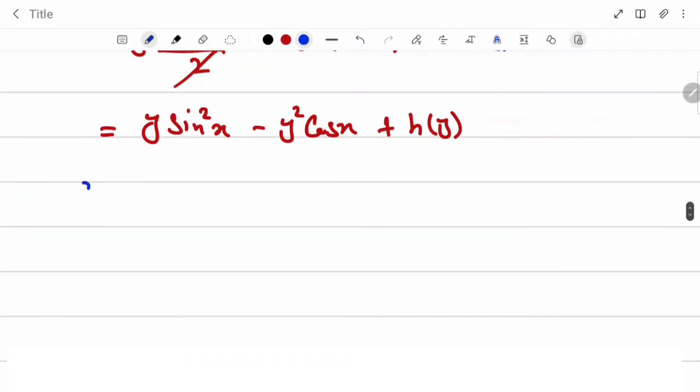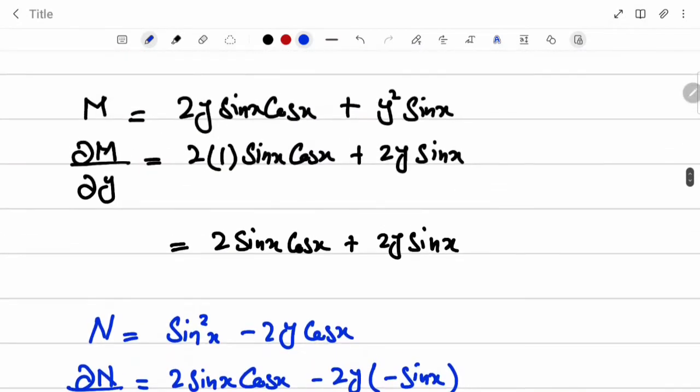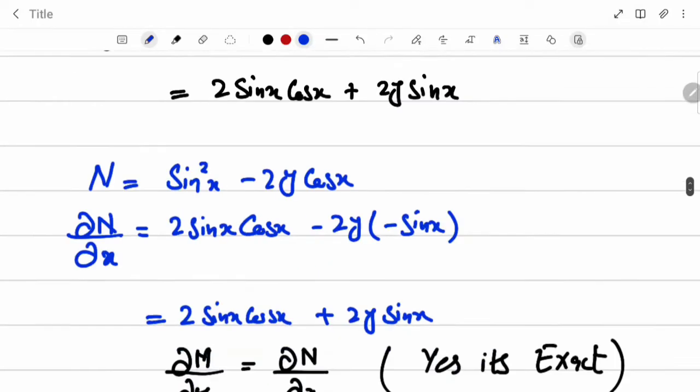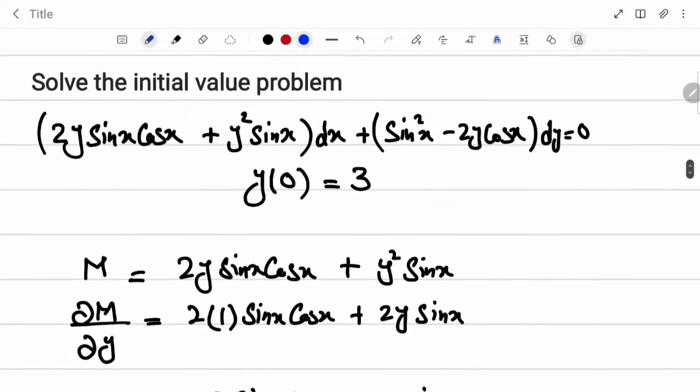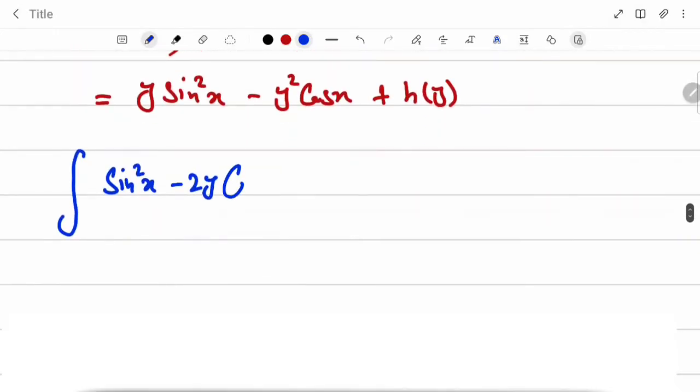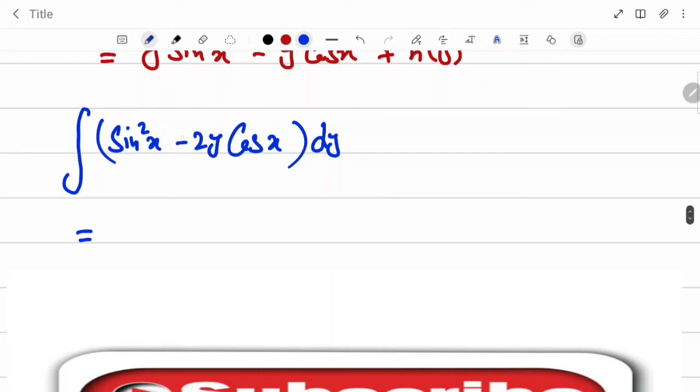Now take the integration of the other half, (sin²x - 2y cos x) dy. Okay, hope everybody gets the point of what we are doing till now. This is only x, so we are doing integration with respect to y, so y sin²x.